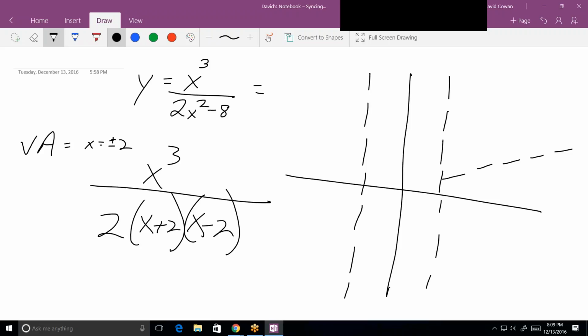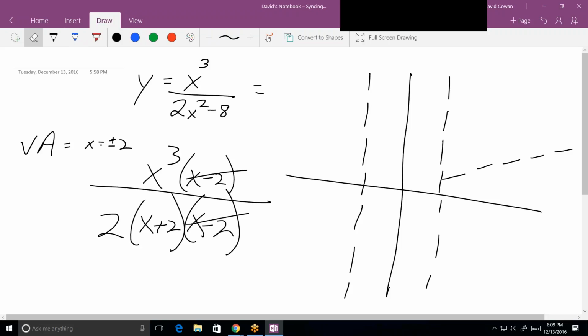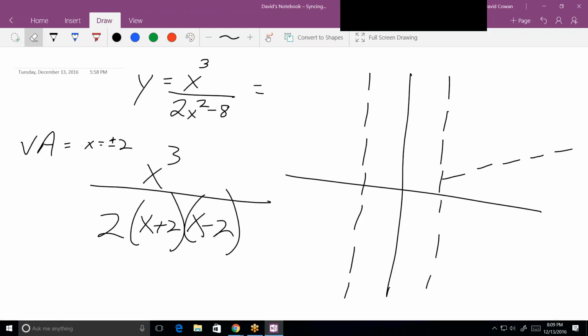If I had, say, an x minus 2 at the top also, and I canceled that, that would give me a hole at x equals 2. But I don't. What factoring does is it takes what would have been a vertical asymptote and turns it into a hole. You with me?